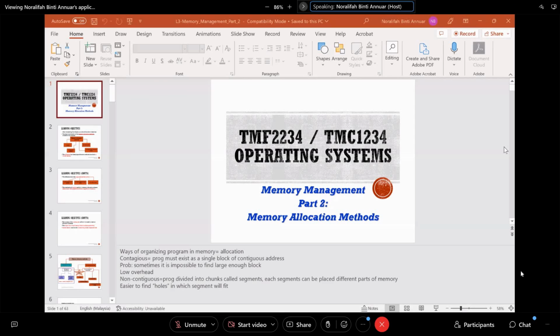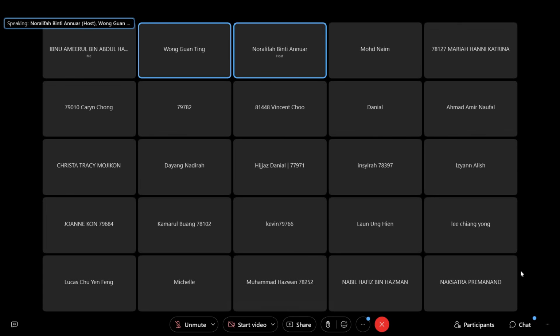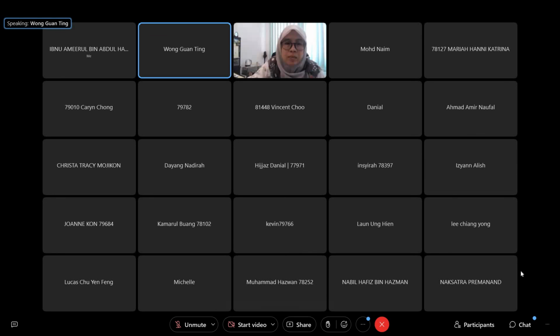For those who haven't scanned the attendance, I will reshare again the... Excuse me, madam. Oh yes, apa tu? I have questions about the assignment. Yeah, Simon, what is the question? Is it that both jobs can execute the I/O cycle at the same time or not? No, cannot. It's the same as the CPU cycle, right? Sama. Okay.